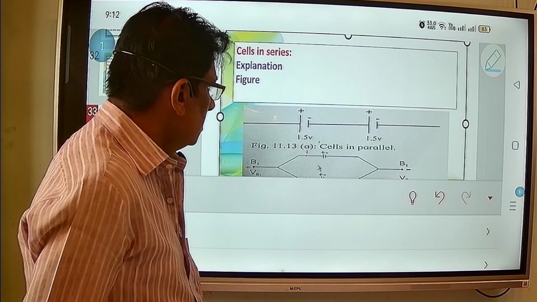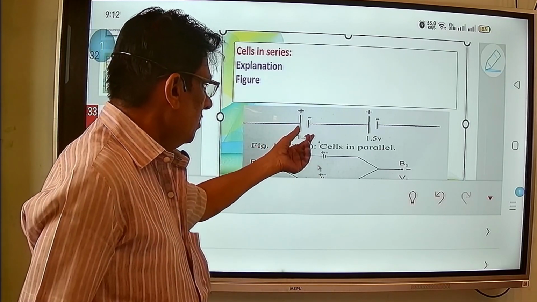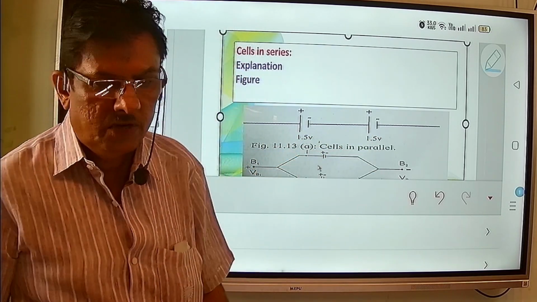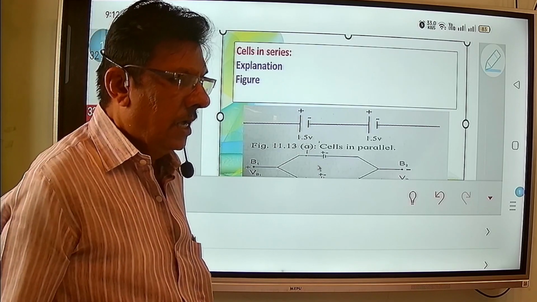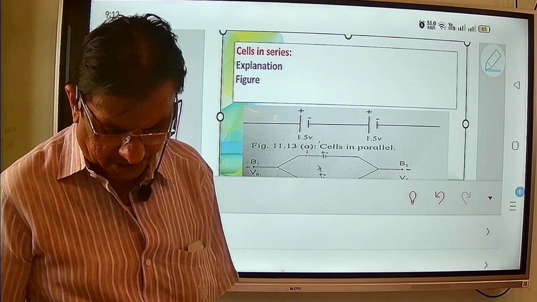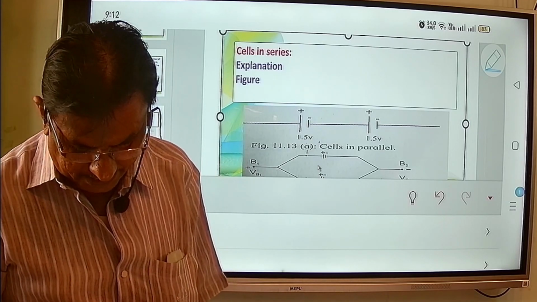We call the voltage V1, which is 1.5, and V2 as 1.5. So total V is equal to V1 plus V2. Now total V is equal to 3 volts. This is the example.